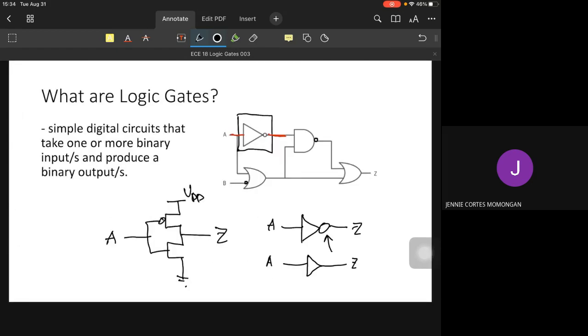So before we move forward, trivia question. Who invented the logic gates? Whoever answers first in the chat gets a prize. Oh, first was Walter Booth. Walter Booth?